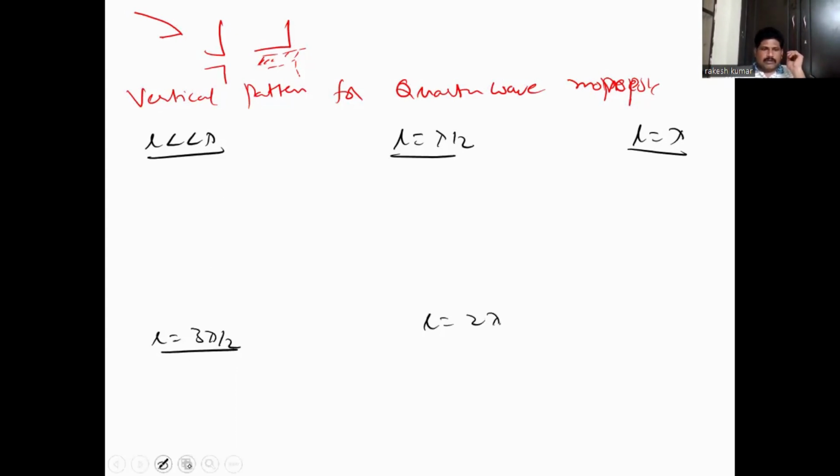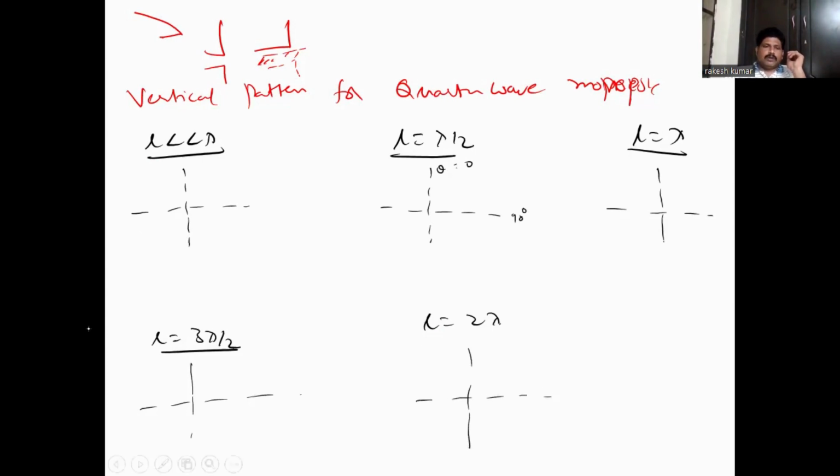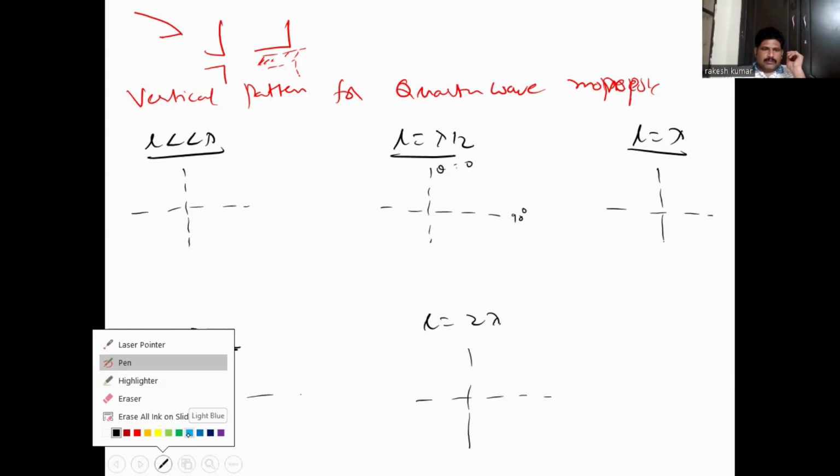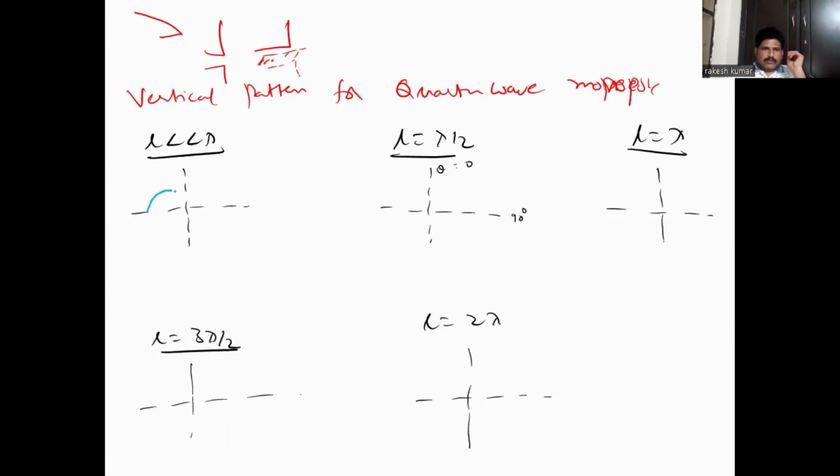So the same patterns, and my pattern will be like this.